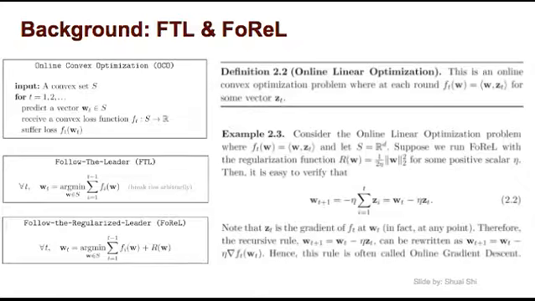Two ways to solve online convex optimization problems. One is called follow the leader, and the other is called follow the regularized leader. I will explain the difference between the two. First of all, follow the leader can be seen just like the consistent algorithm.